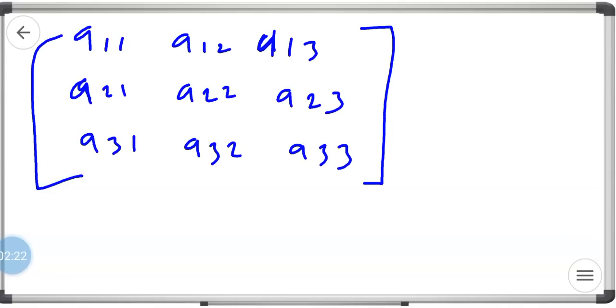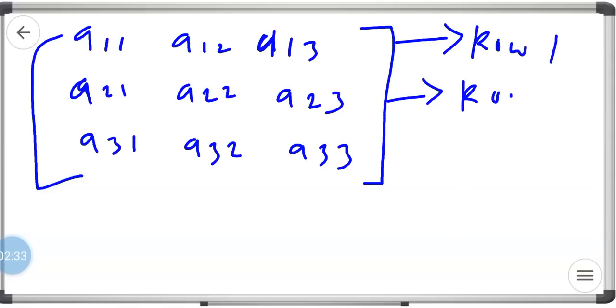Now quickly, here we have our row 1, this is our row 1. We have here row 2, and we have numbers here to be row 3.